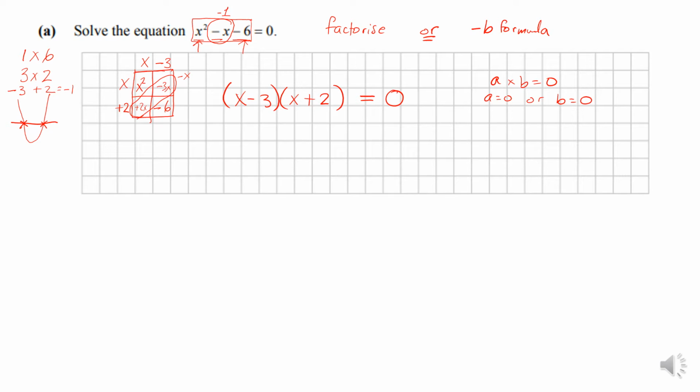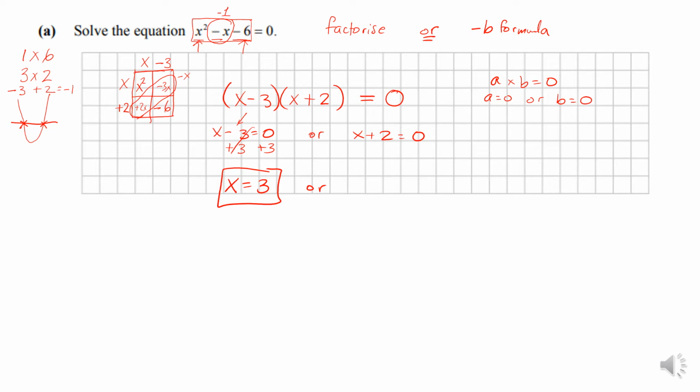We put each factor equal to 0. So x minus 3 equals 0, or x plus 2 equals 0. They're the 2 scenarios, and we solve for x with each of these little equations. For this one, we add 3 to both sides, and we get x equals 3.